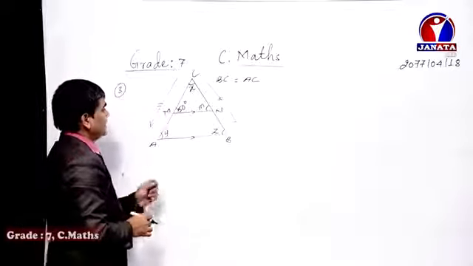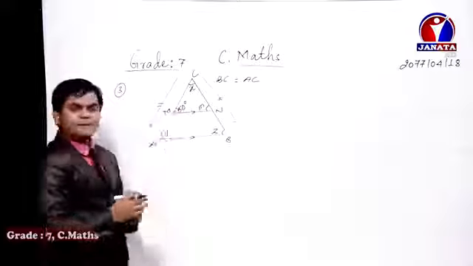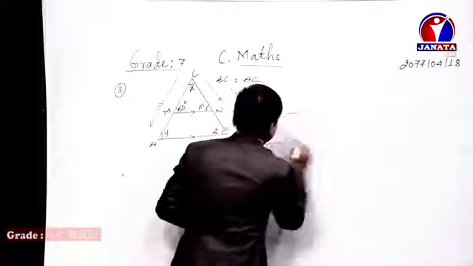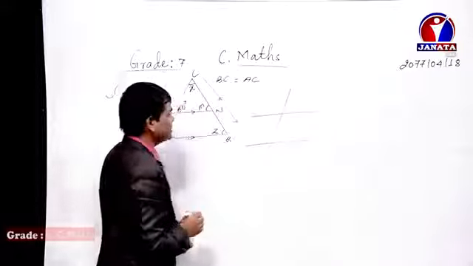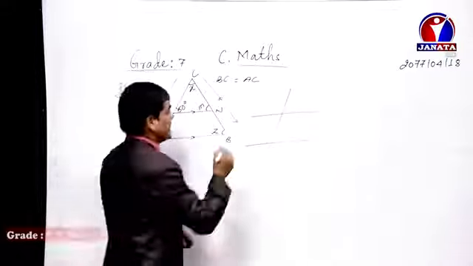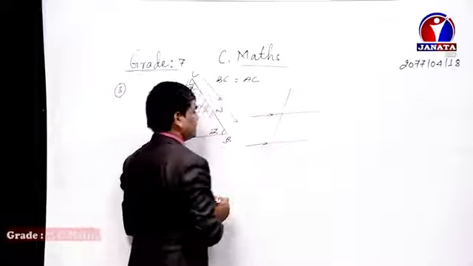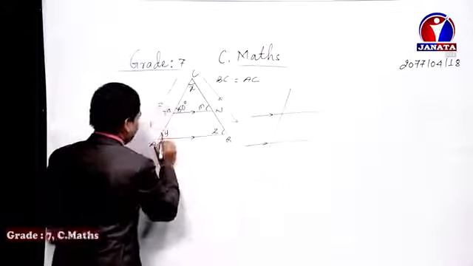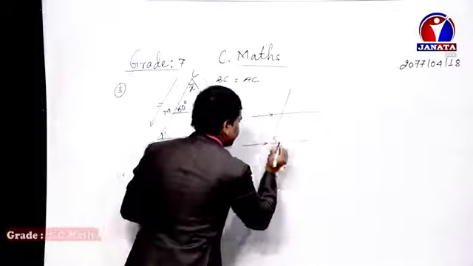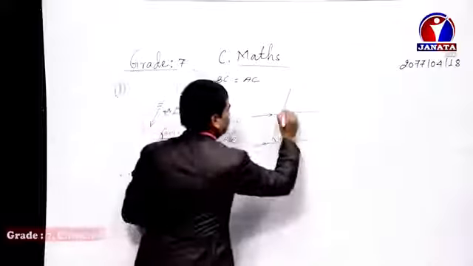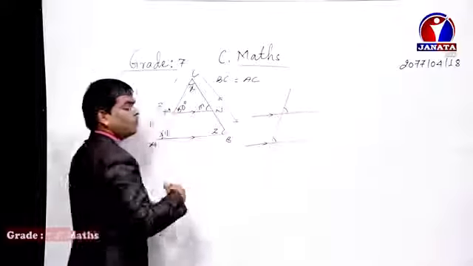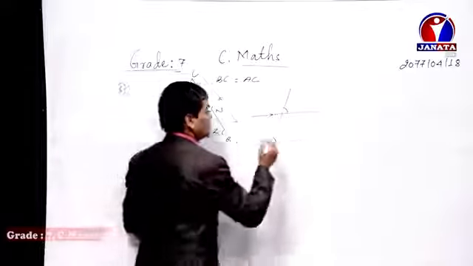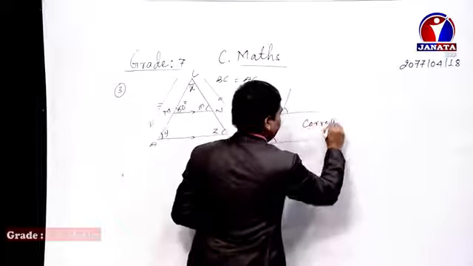How will you find out? First of all, dear student, 50 degree equals Y, being corresponding angles. What did I say at the time? Between two parallel lines, because of one transversal, when those two parallel lines are crossed, one angle is inside and another angle is outside, but both are on the same side, and they form the corresponding angle, isn't it?